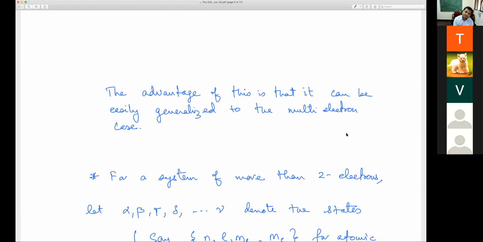Since we want to come from the single particle picture, we try to construct multi-particle wave functions as a product of single particle wave functions, or we write the problem such that it becomes variable separable in single particles, so that we can have a product of single particle effective wave functions as the multi-particle wave function.